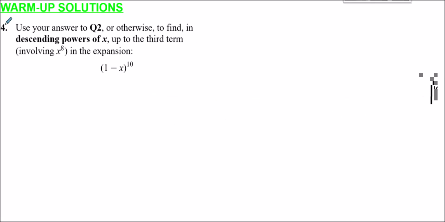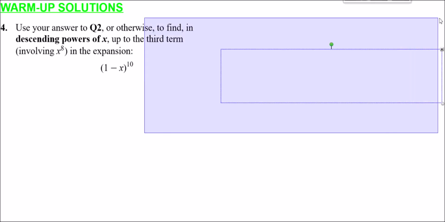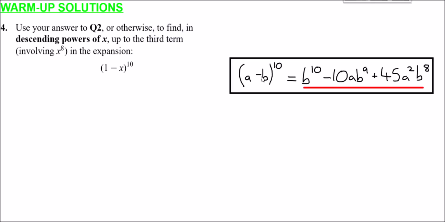And lastly, for question 4, using the answer to question 2, we need to find in descending powers of x, up to the third term involving x to the 8, this expression here, 1 minus x to the power 10, the first 3 terms of that. So it's worth remembering what we had from question 2, which was this.